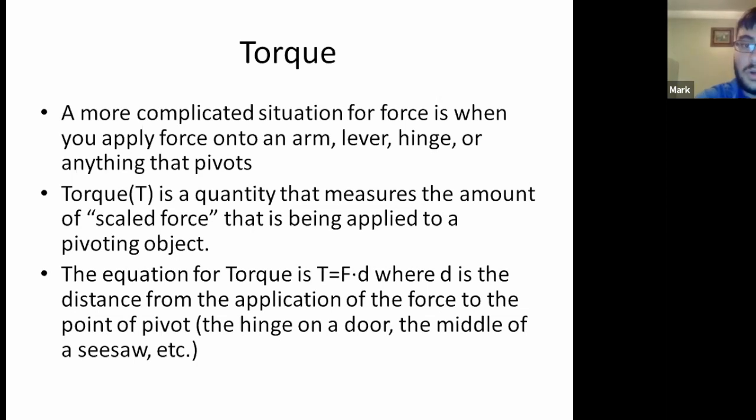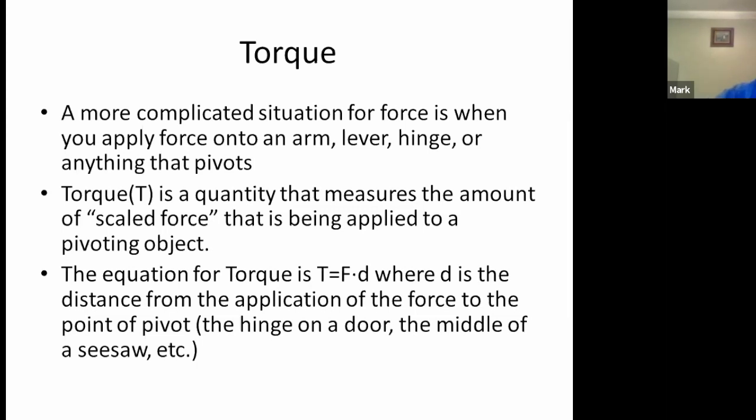This is called torque. You can think of torque almost as a scaled force that is being applied to a pivoting object. By scaled I mean, not a textbook definition, that not all of the force is going straight into pushing the object. The equation is torque equals force times distance.